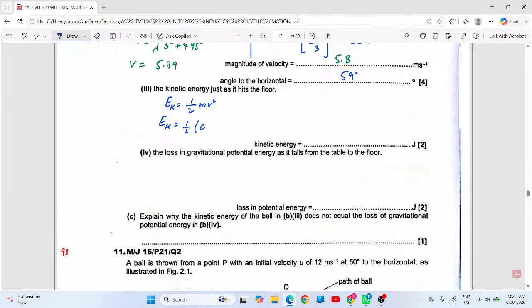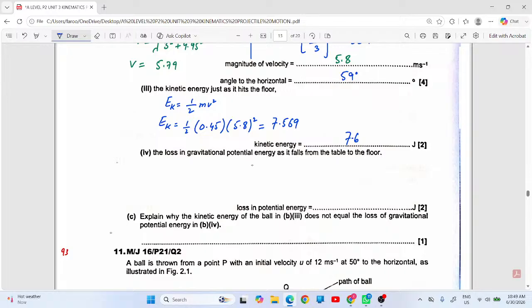Mass is 0.45, and the velocity is 5.8, 5.8 square. This is 7.569, 7.6 कर दें. 7.6.